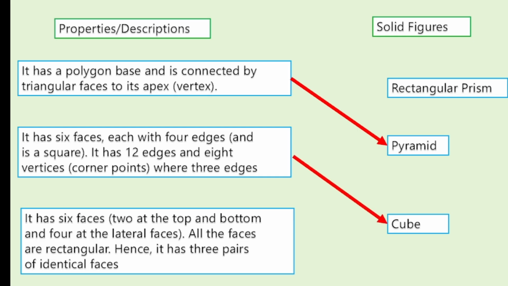Cube. It has 6 faces, 2 at the top and bottom and 4 at the lateral faces. All the faces are rectangular, hence it has 3 pairs of identical faces. Rectangular prism.